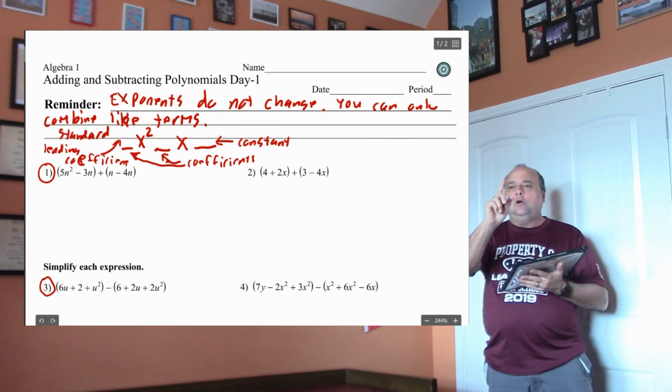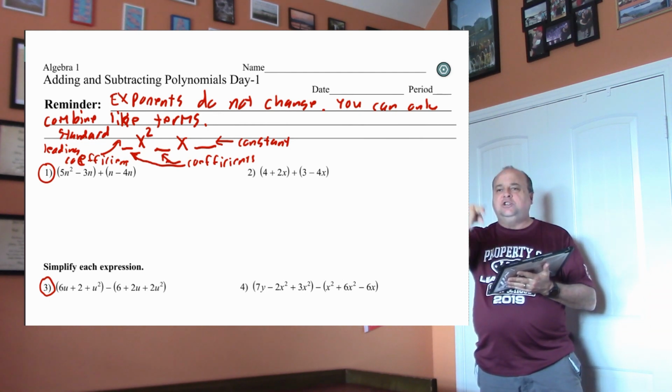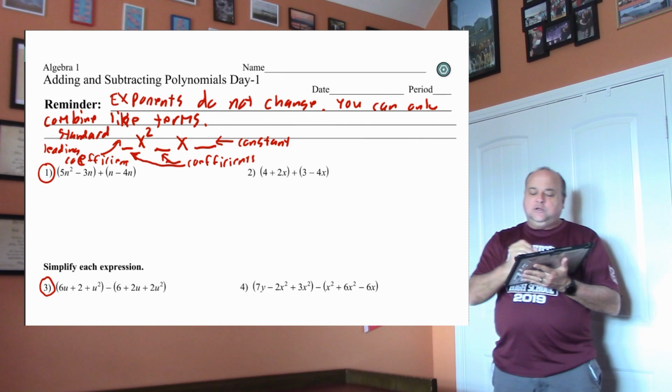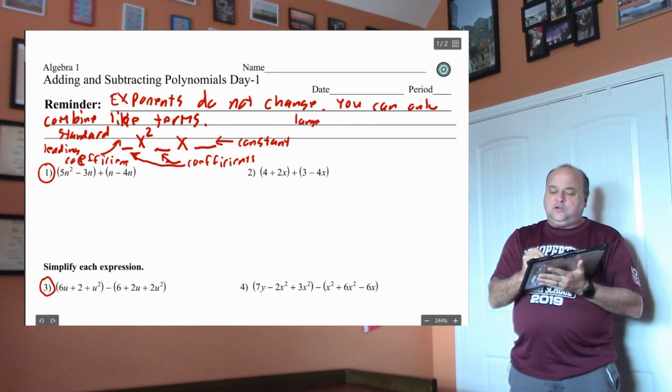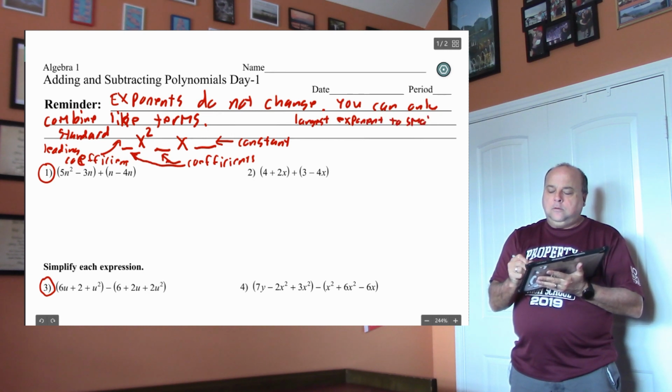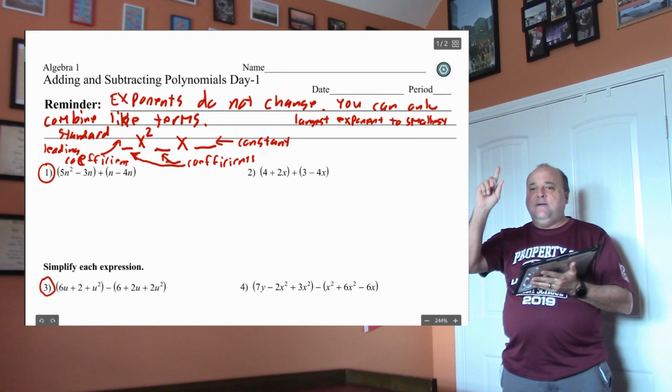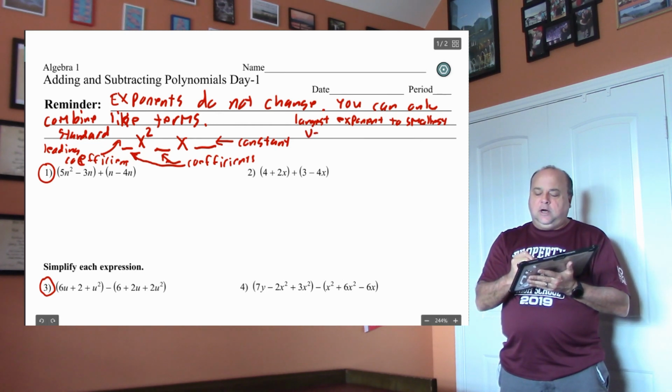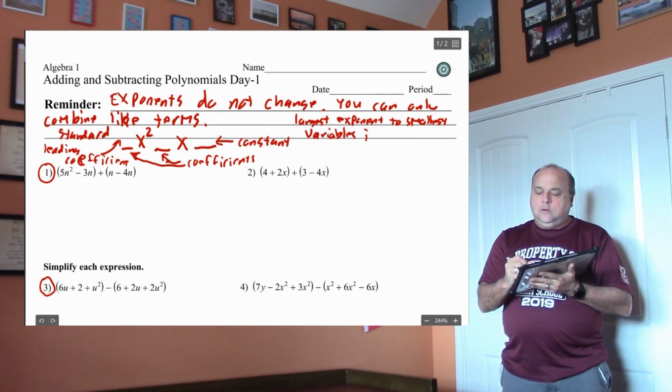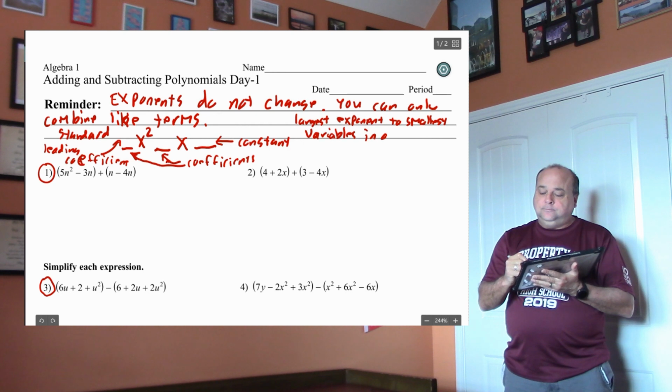So you put your answers in order from the largest exponent to the smallest. And if you have different letters, you put your variables in alphabetical order, if I can spell right.